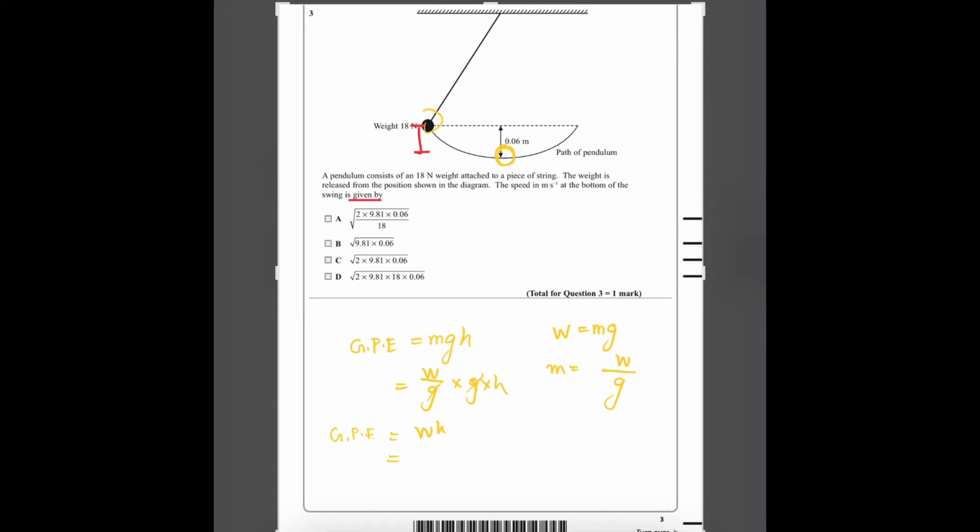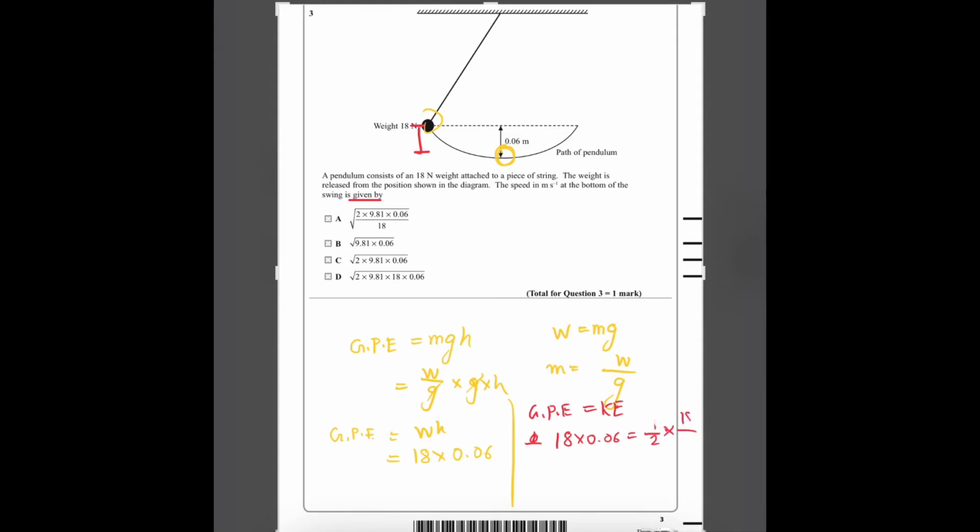So what is the weight? Weight is 18 Newton, into height 0.06. This gravitational potential energy is being converted into kinetic energy, right? So 18 into 0.06 is equal to half mv squared, and the value of m is W by g.